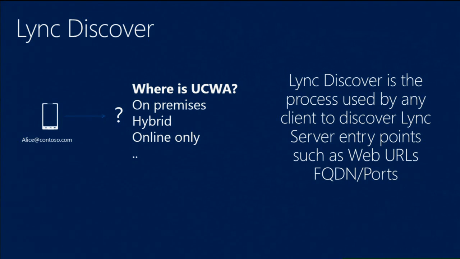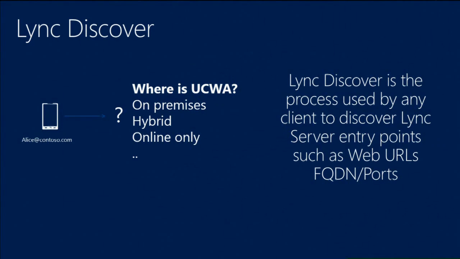So the first thing your mobile client is going to do, lyncdiscover.yourdomain, and we're going to find out where's UCWA. And this is extremely important, especially when you're going to things like a hybrid solution, maybe a cloud solution. So where's this UCWA located? And all Lync Discover is doing, and this is something you can use Fiddler or you can go to the URL yourself.